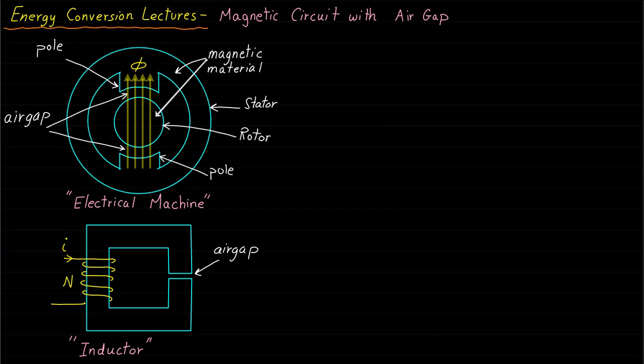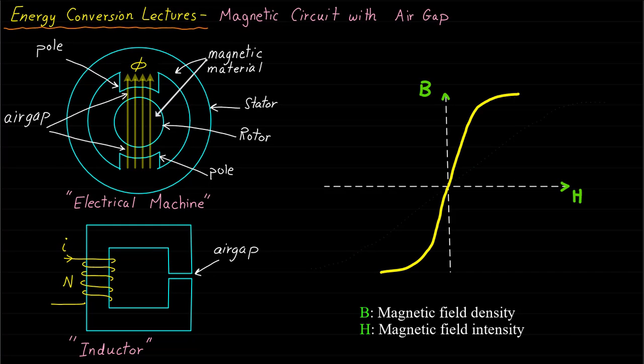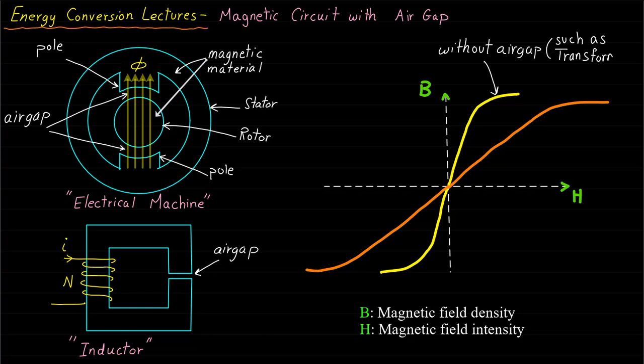To elaborate on this concept, let's look at this figure that shows the magnetization curves of two magnetic circuits, one with an air gap and the other without an air gap. It is very clear that the curve with an air gap has less slope compared with the one without an air gap.